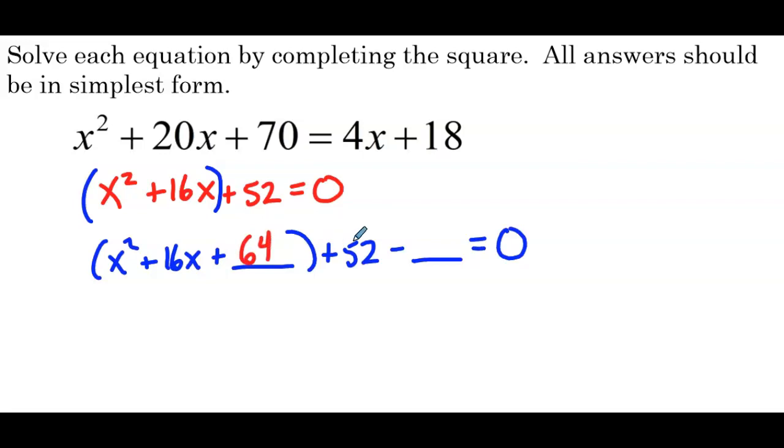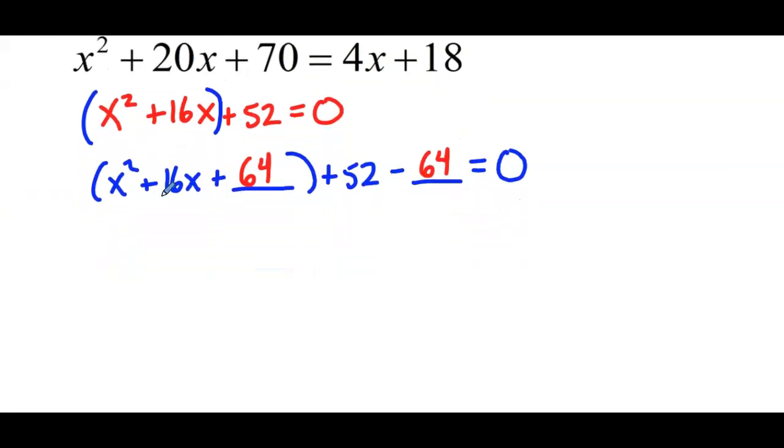So plus 64. And then we'll subtract 64 to keep things balanced. So factoring x squared plus 16x plus 64, we'd have x plus 8 squared. And then plus 52 minus 64, so that's minus 12 equals 0.